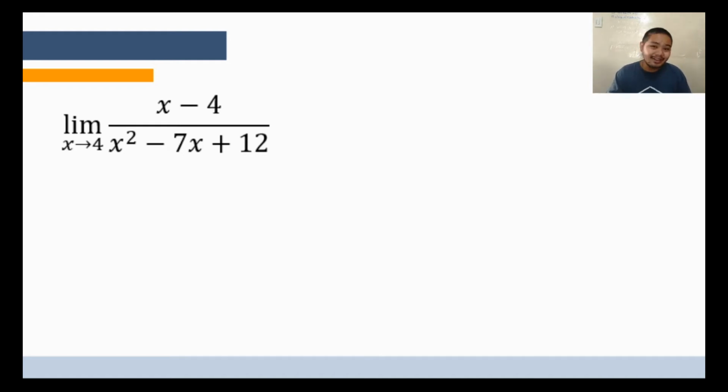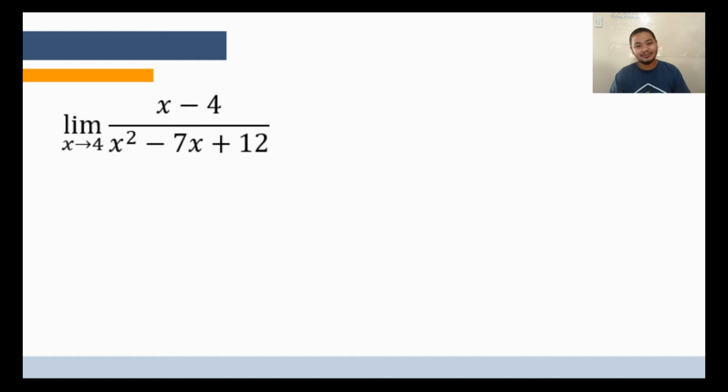Yung numerator natin, obvious naman na magiging 0 yan, kasi 4 minus 4, that is 0. Yung denominator, i-check natin. 4 squared, that is 16 minus 28 plus 12. So, 16 minus 28, that is equal to negative 12. Negative 12 plus 12, that is 0.